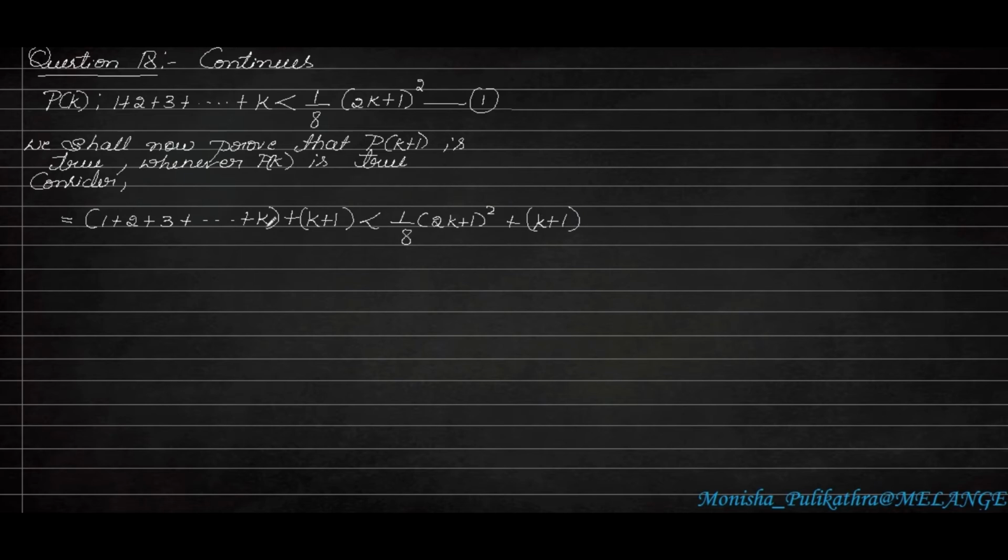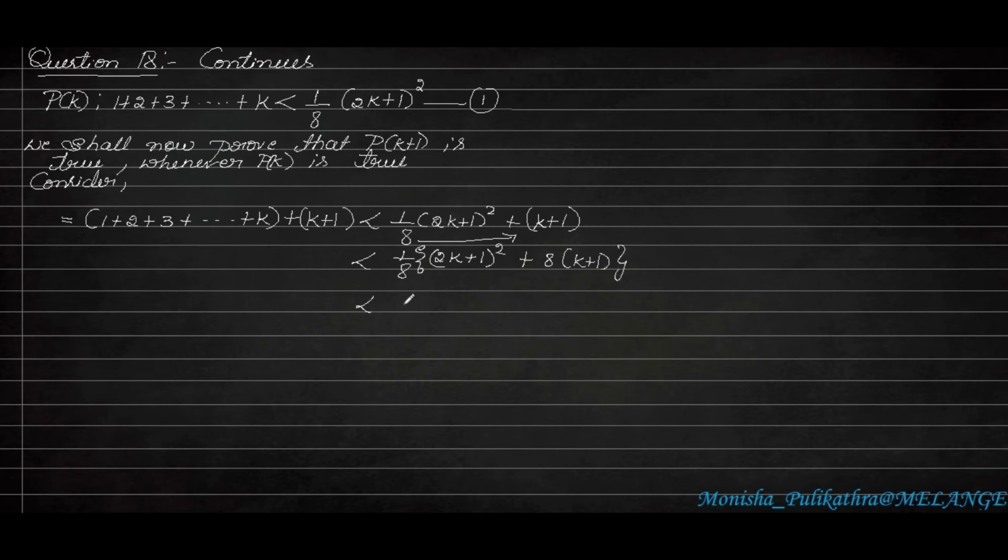So up to here I will not be taking it because we have to conclude the equation for this. So from here we have to take. So it will become 1 by 8 into 2K plus 1 whole square, and by cross multiplication it will become plus 8 into K plus 1.